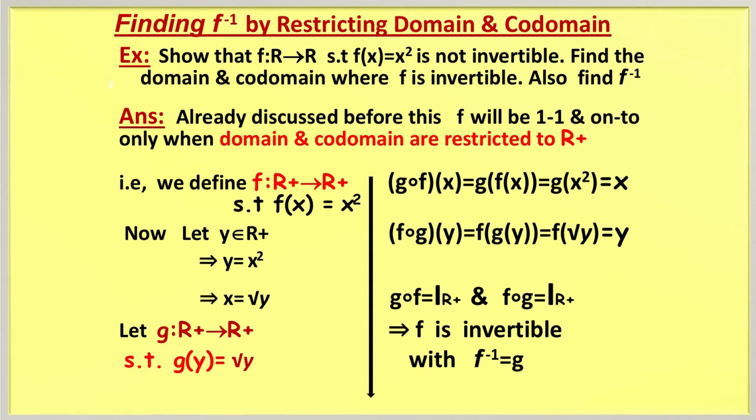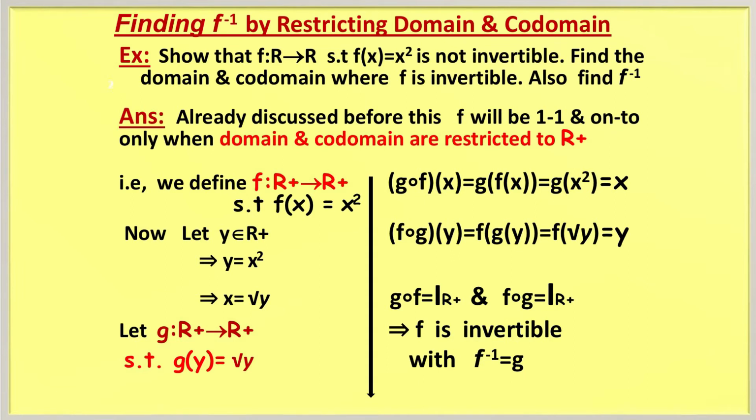So x will be root y, and you can verify that g composition f is the identity function, and f composition g is also the identity function. So whenever a function is not invertible, you can restrict the domain and codomain so that you can find the inverse of the function.